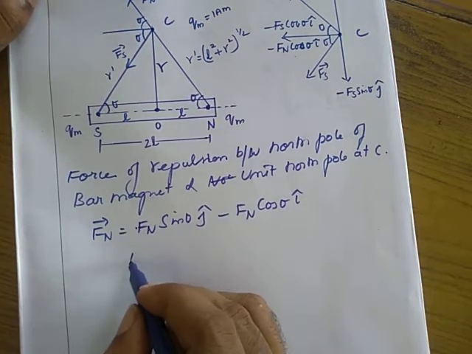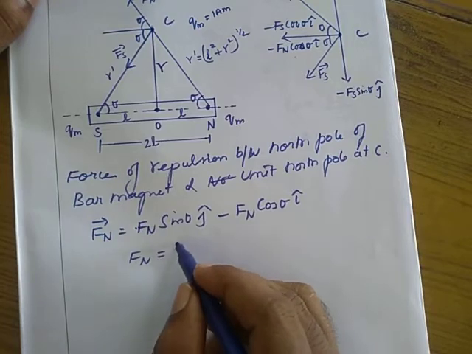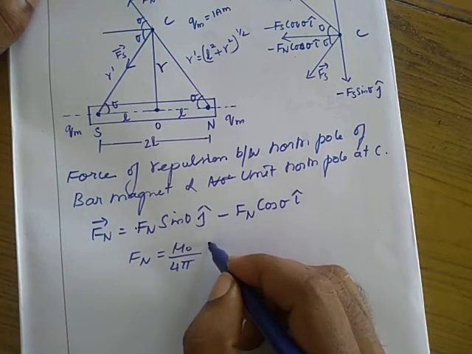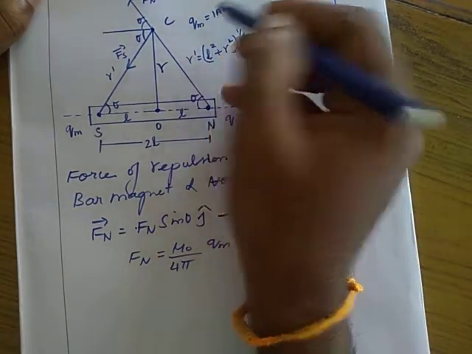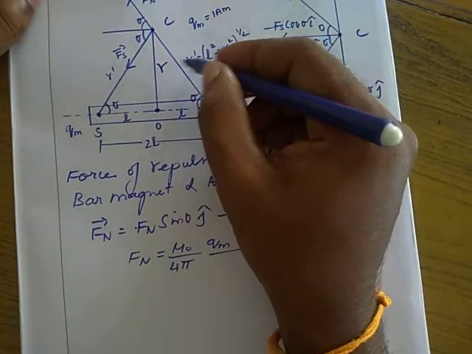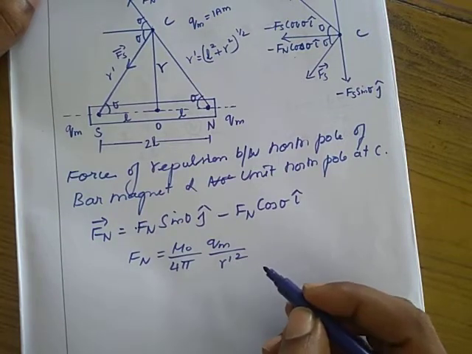We know very well the magnitude of that force: Fn is equal to mu naught by 4 pi, then Qm, here it is 1, so leave that, divided by the distance R dash square.